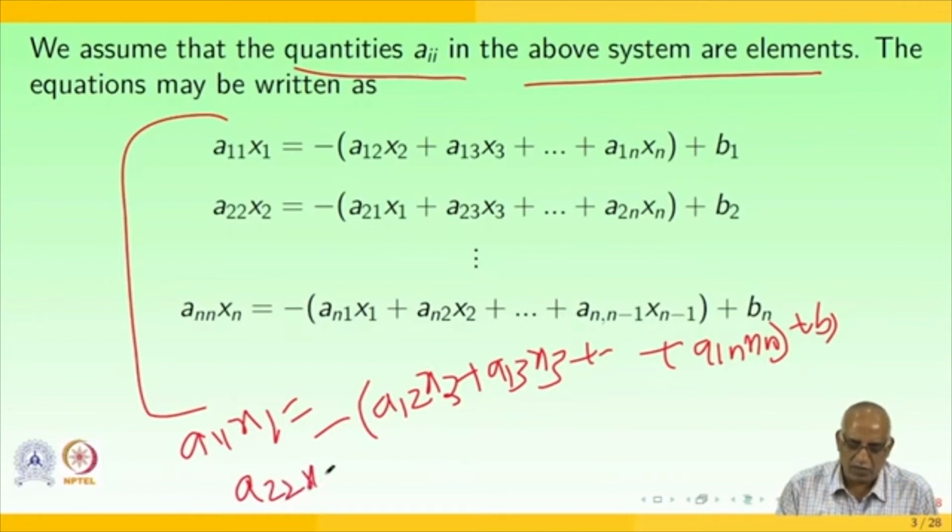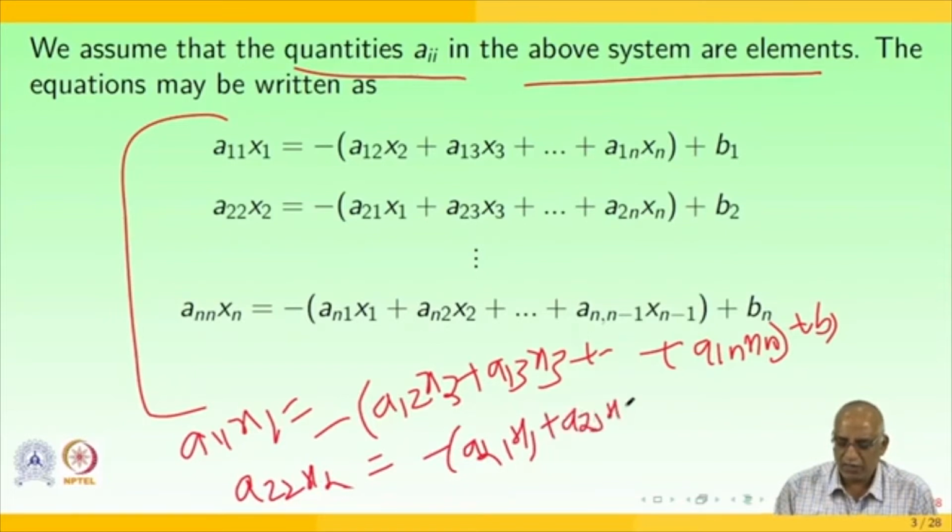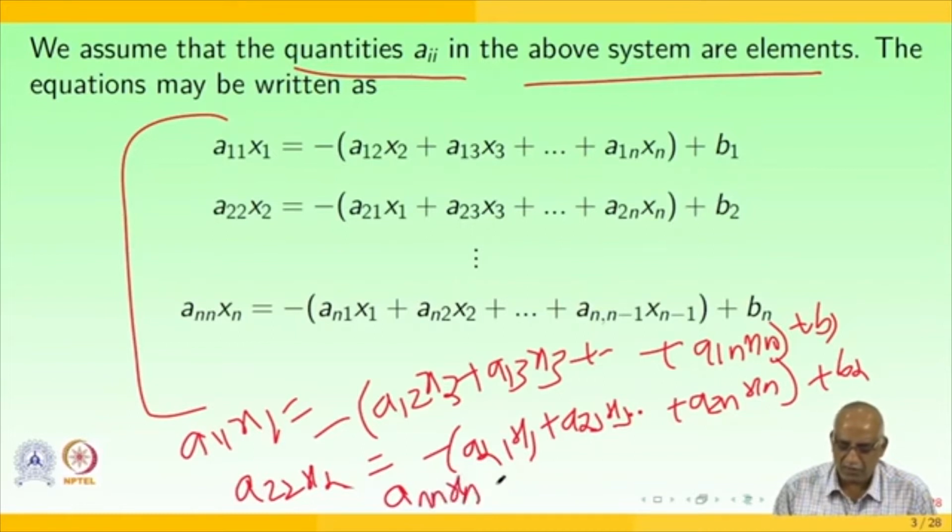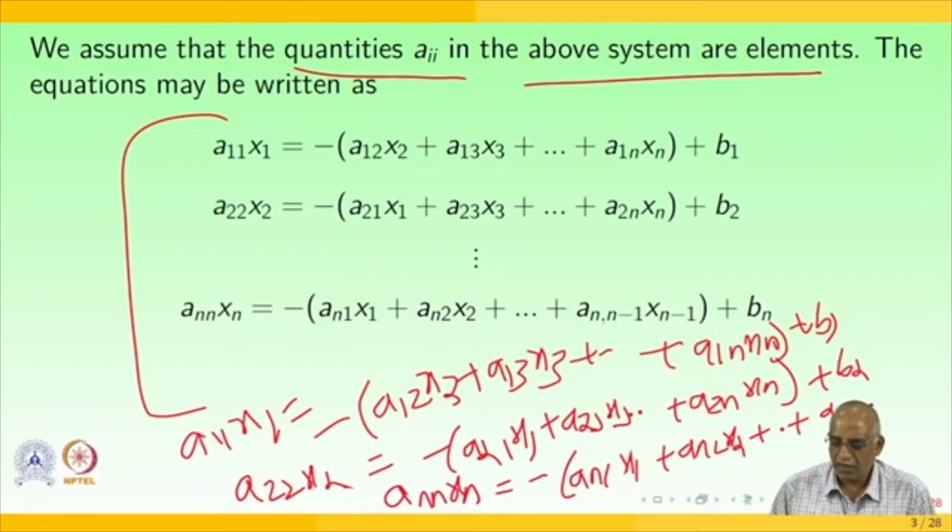Similarly, a22 x2 is minus of a21 x1 plus a23 x3, like this a2n xn, plus b2. Like that, we will have ann xn is minus of an1 x1, an2 x2, up to ann minus 1 xn minus 1, plus bn.